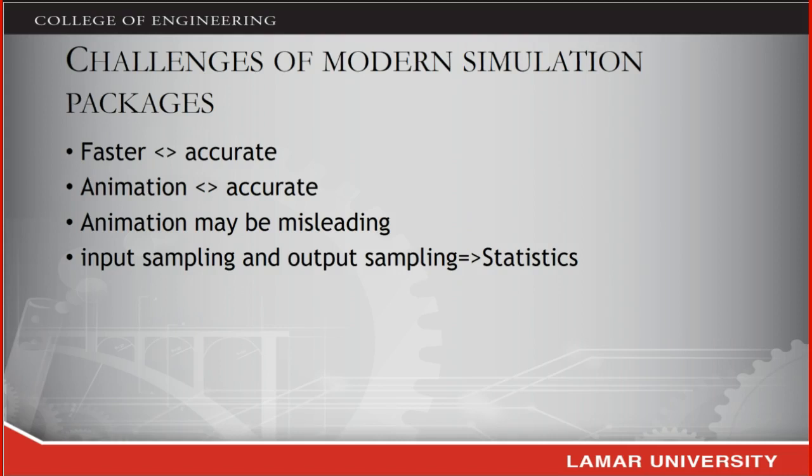The fact that we have this animation does not mean that they are more accurate. Even more, the animation may be misleading, because if you see something happening in the animation that is very rare, you might start to think that that's what's going to happen every time in your system.